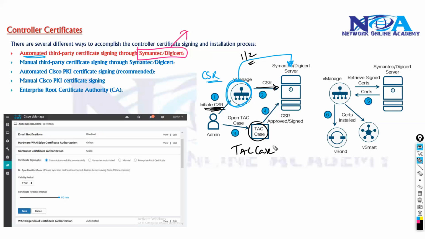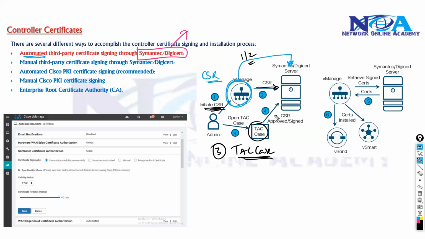So you need to contact the Cisco Technical Assistance Center and open a case to complete the signing process. So this is the third step, where you open the case with Cisco Technical Assistance Center so that you can complete the signing process.